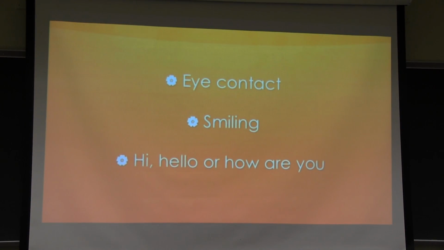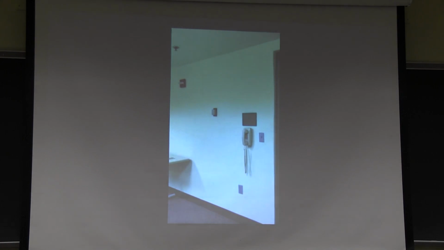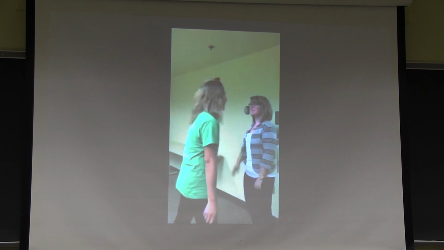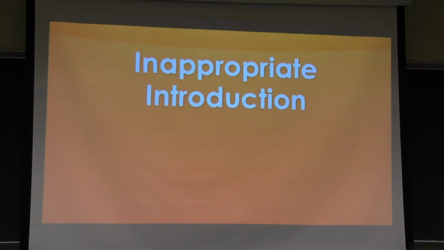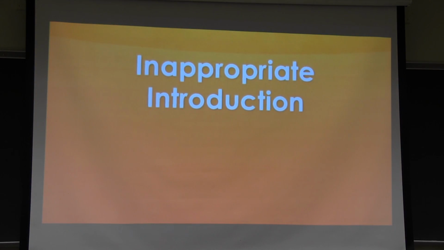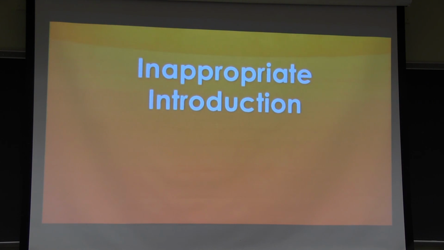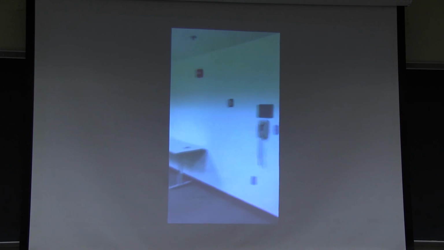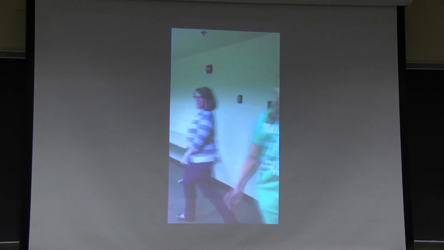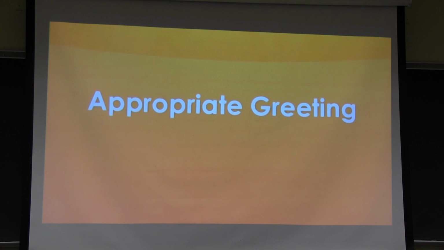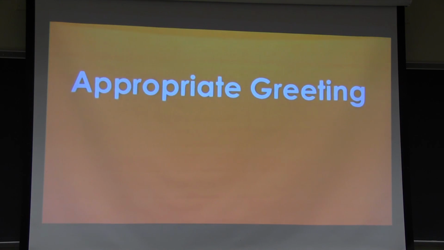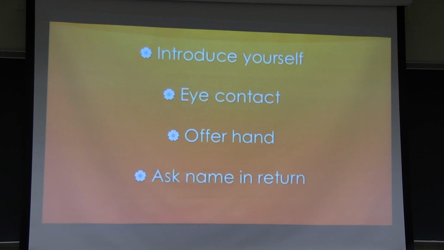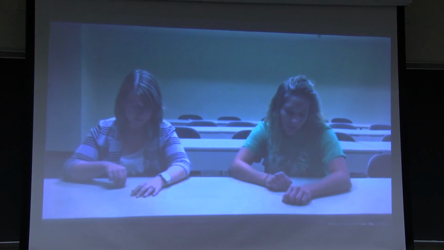Smiling and saying hi, hello, or how are you? Oh, hi, Kristen. Hey, Steph. How are you? Good. How are you? Great. Thanks. Bye. And if you run into someone that you know or friends, you want to acknowledge that you know them and not ignore them, as you will see in the following example. Hi, Kristen. How are you? When you meet someone for the first time, you want to introduce yourself, make eye contact, offer your hand for a handshake, and ask their name in return.